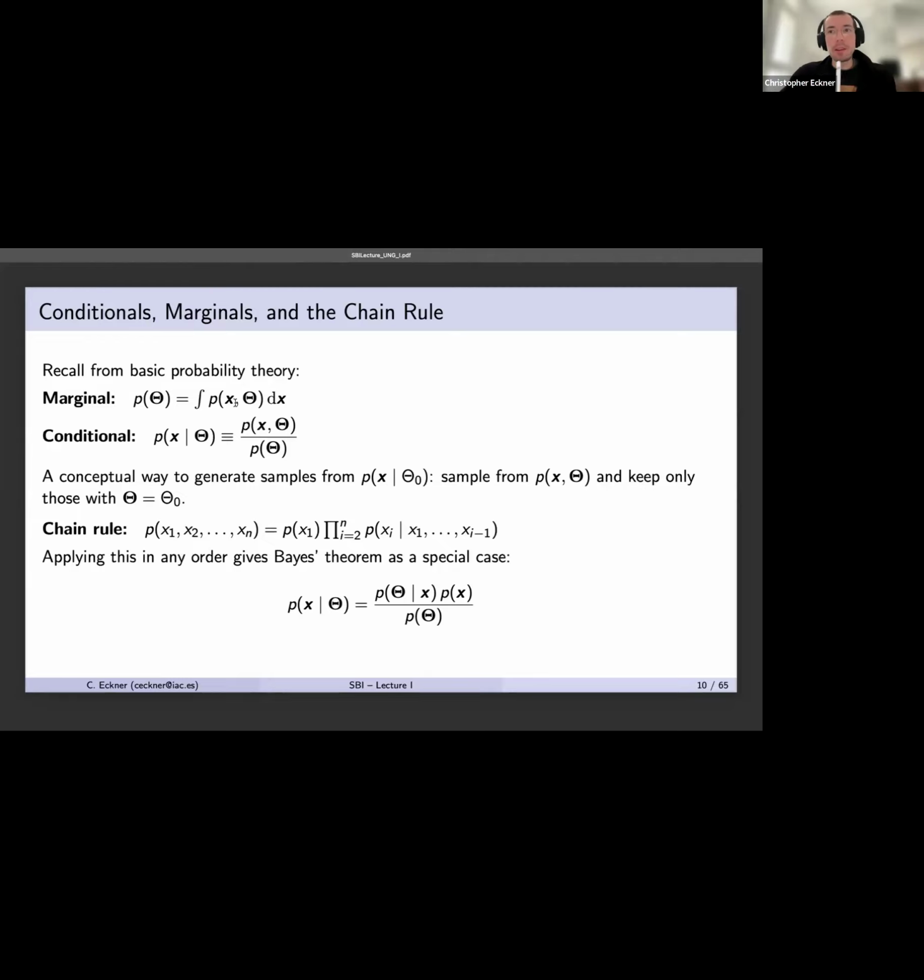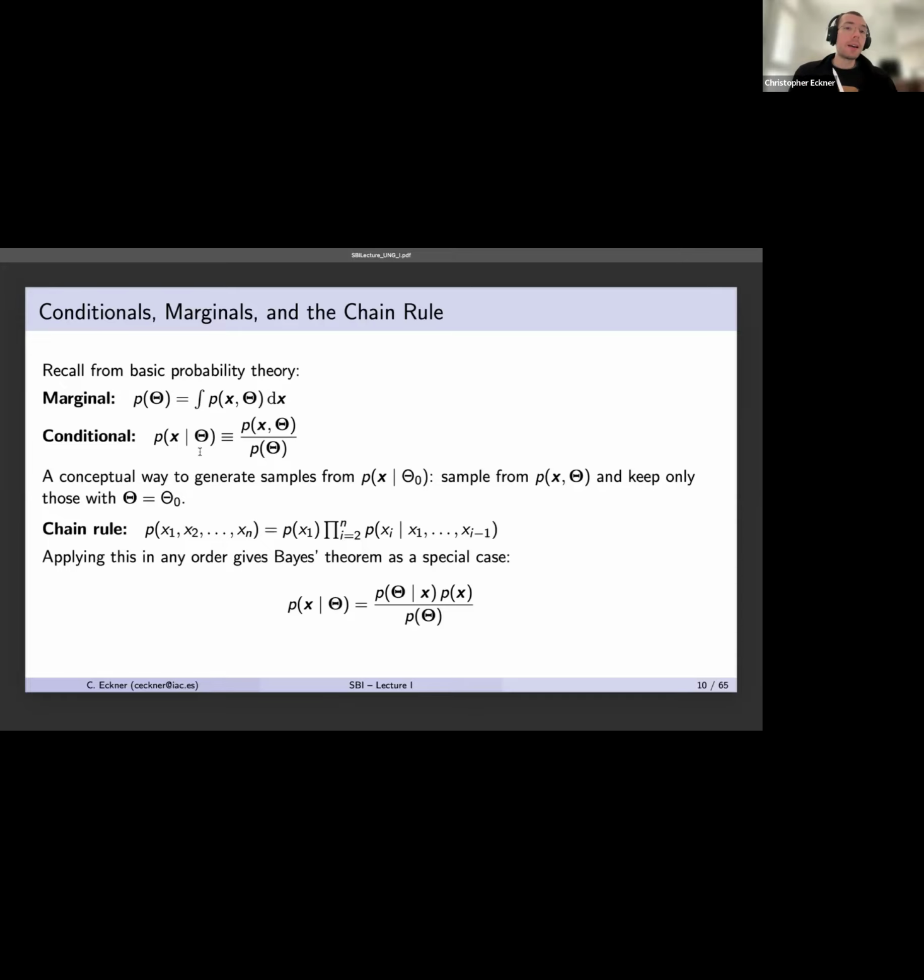And in this notation, there's always a distinction between x being observation or some data, and theta being the parameter of a model. And of course, the joint probability is the probability of all that goes into your model, which is data and parameters. Of course, you can integrate out in this way the dependence on the observation or data, and then you get the marginal probability density of your parameters from a joint probability density.